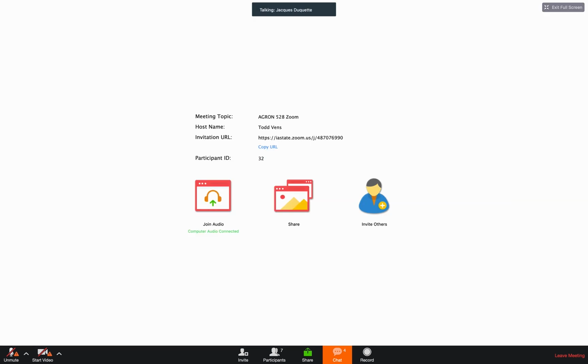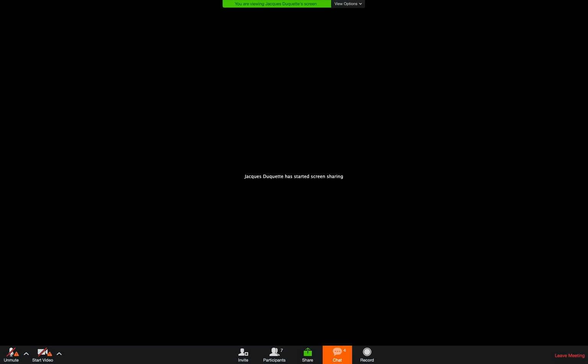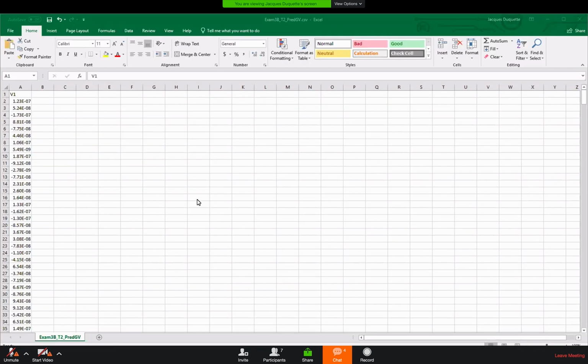The problem I'm having is here. I'll just go with this. And this might help. The file you have only has 5 families, right? Not 7? Here's what I got out of R. This is my trait 2 predicted genotypic values.